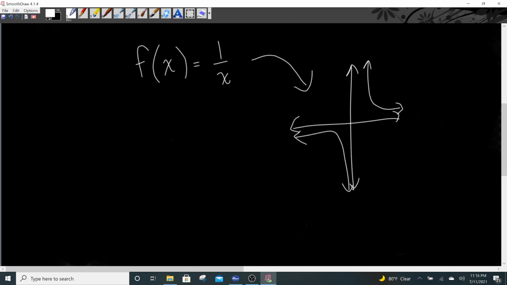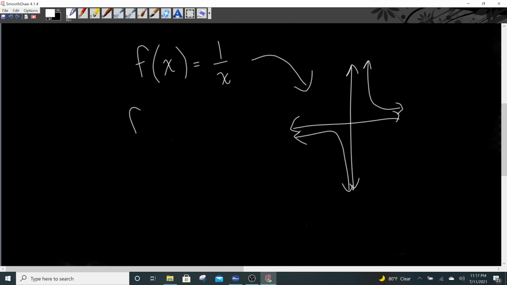And now, what do we do here? I'll talk about continuity in just a little bit, but if we were to think about end behavior, I'll spoil it: there's not going to be a limit at x equals 0, but we'll talk about continuity in just a little bit. The end behavior of this function is interesting.